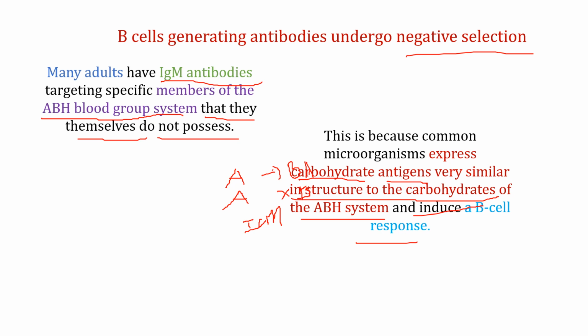This is not totally B, but similar to the blood type B antigen that is expressed on the microorganism surface. So the individual's body produces antibody against the B-like antigen.